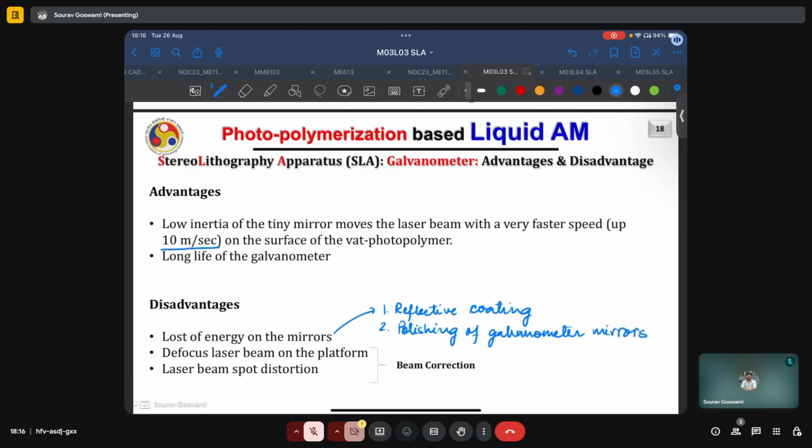And this can be done by mechanical, chemical, or any other means as suitable for the mirror material. These two strategies can act as preventive maintenance, or they can help in regaining the performance of the galvanometer mirrors. But something which cannot be solved by any external intervention is the defocusing of the laser beam and the distortion in shape.